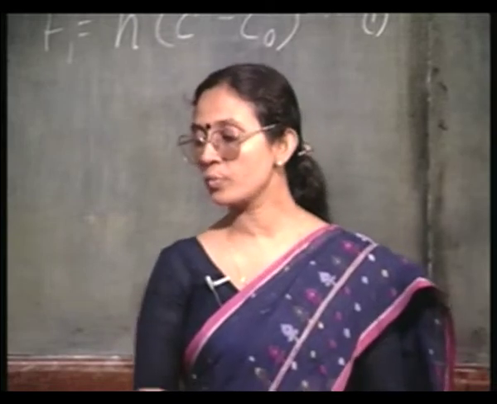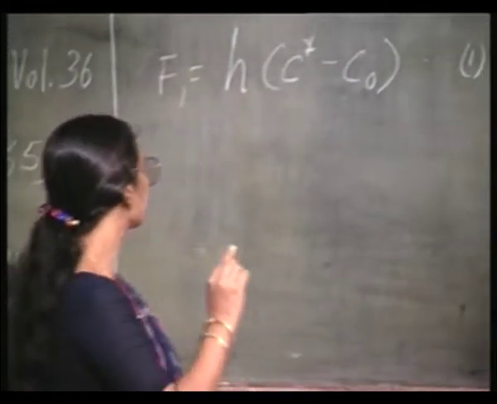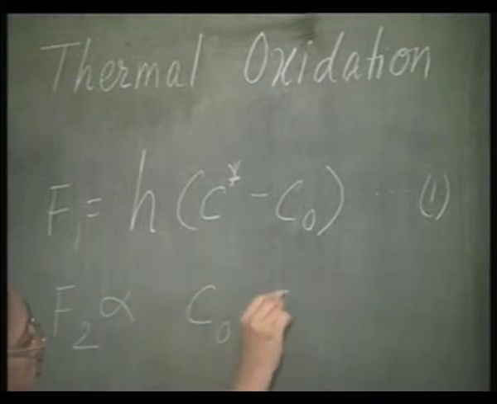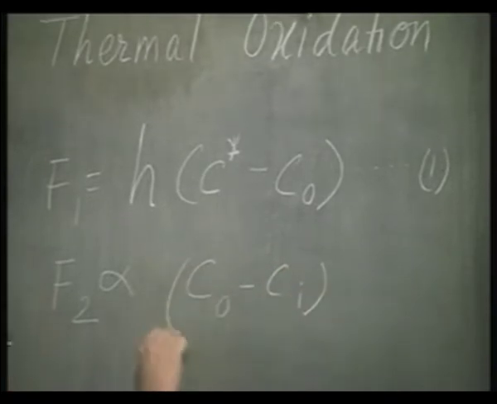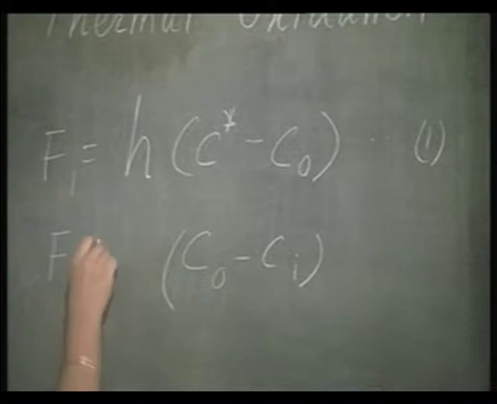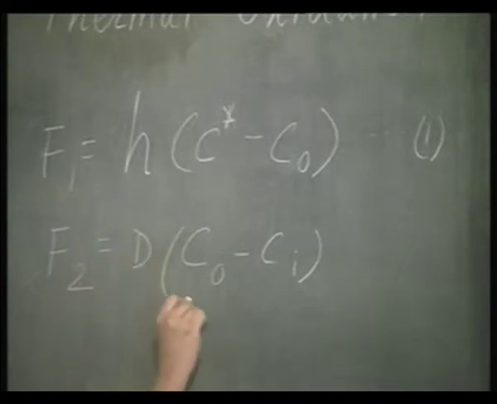So, F2 should be proportional to that, and the proportionality constant is called the diffusion constant. X is the existing oxide thickness. Okay?